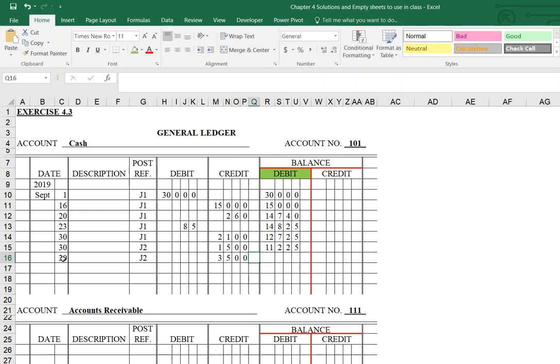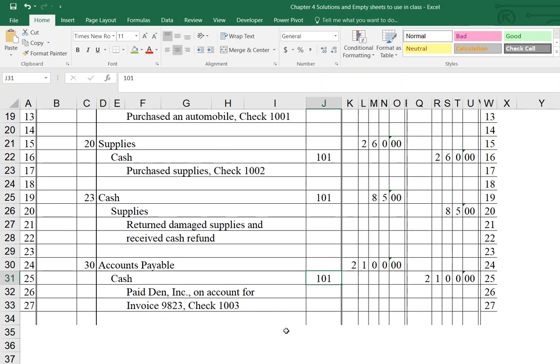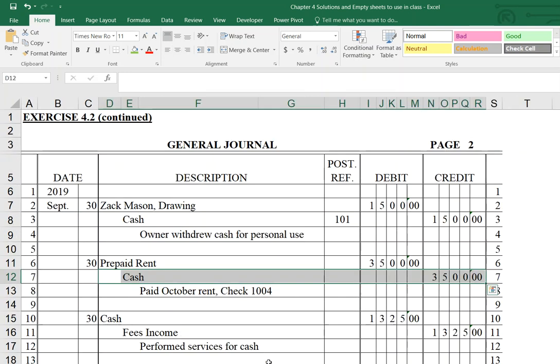And subtracting that from the 11,225, we get 7,725. Go back to post reference that. Dang it, keep going to the wrong one.